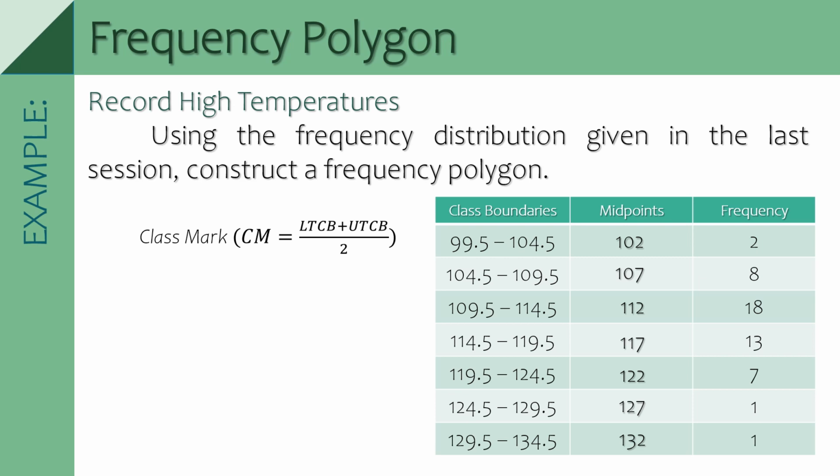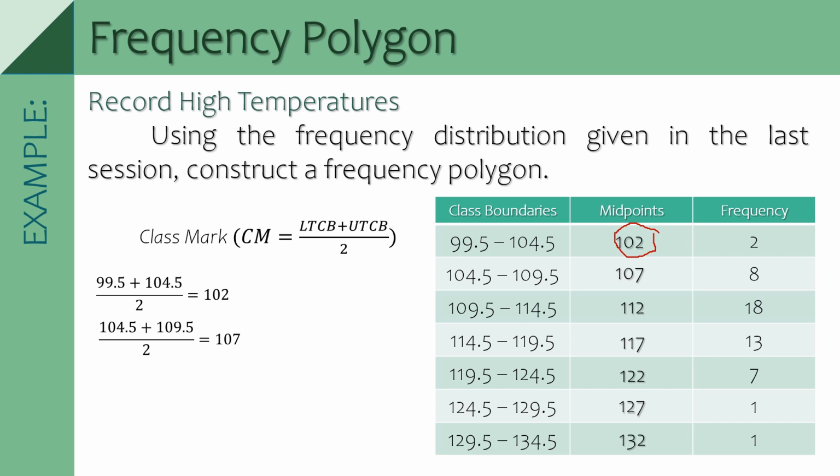So, let's start with our first class, which is 99.5 up to 104.5. Okay, so i-add natin siya and then divide by 2. 99.5 plus 104.5 over 2 is equal to 102. So this is our midpoint for first class. Okay, in second class natin, 104.5 plus 109.5 all over 2 is equals to 107.